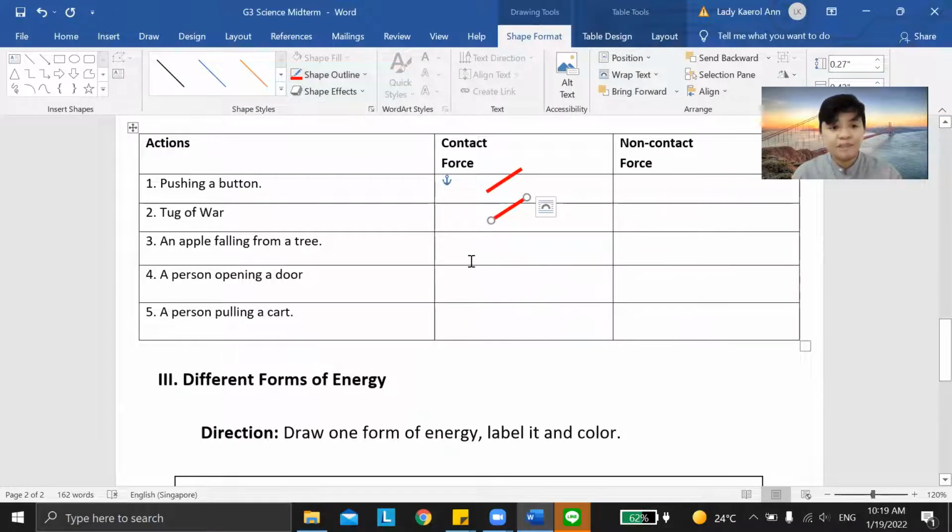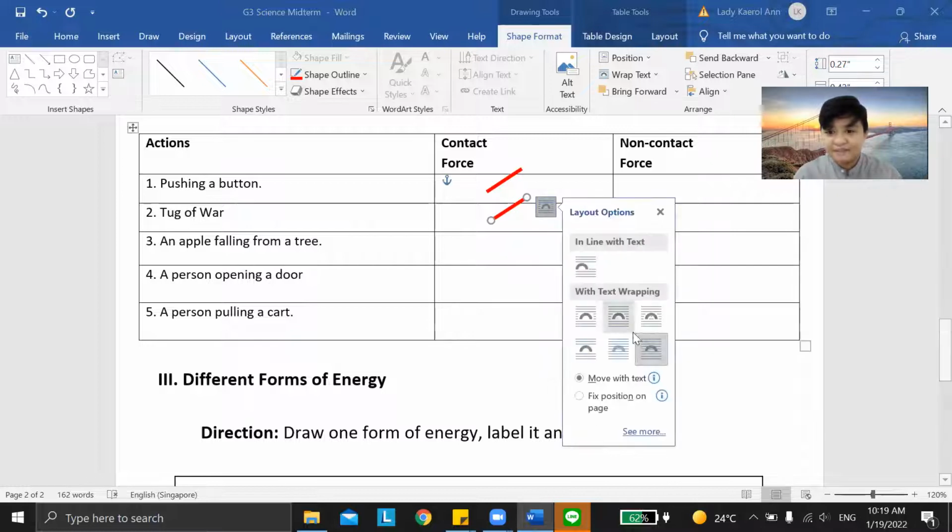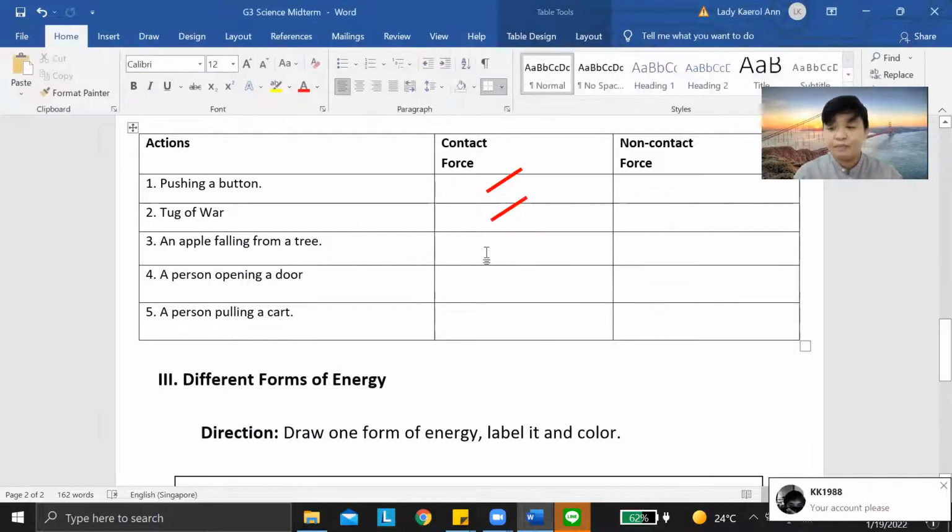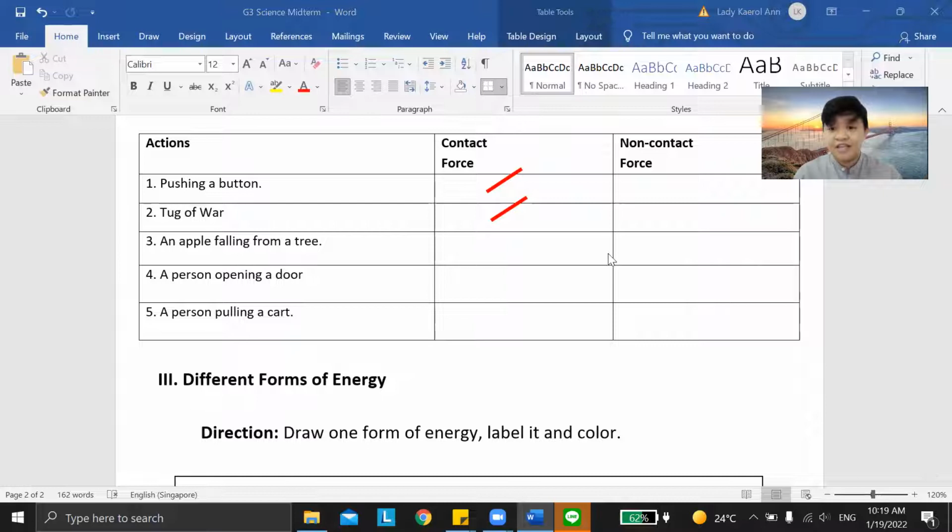Okay, for number three, an apple falling from the tree. This is non-contact force because there is no touch. It is gravity that pulls it to the ground.